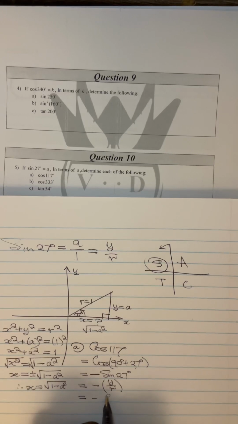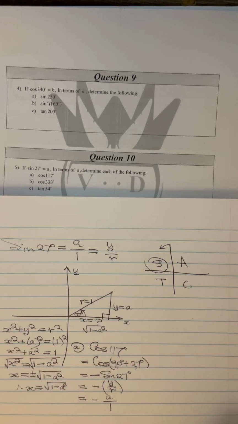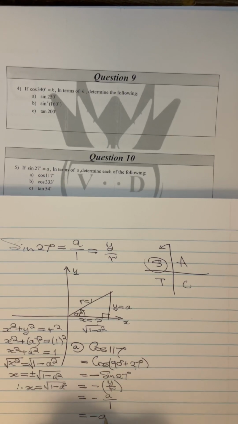So we have minus a, your r is equal to 1, so we have 1, which is equal to minus a.